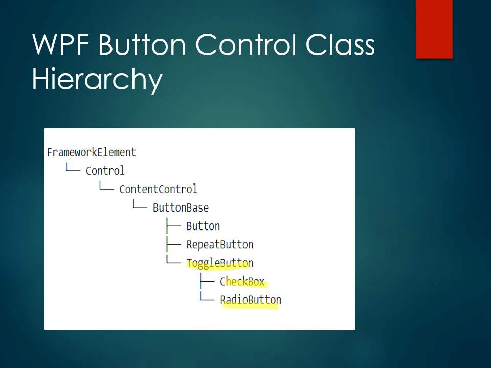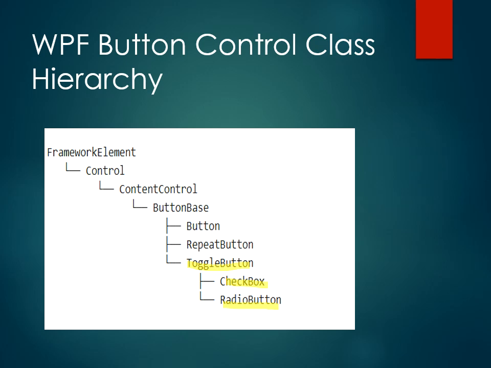This means that label can be given a custom control template, which we can set via the template property. To display a string, we can use the content property. We can apply a data template to the content via the content template property. It can do whatever else a content control can do that a framework element cannot.